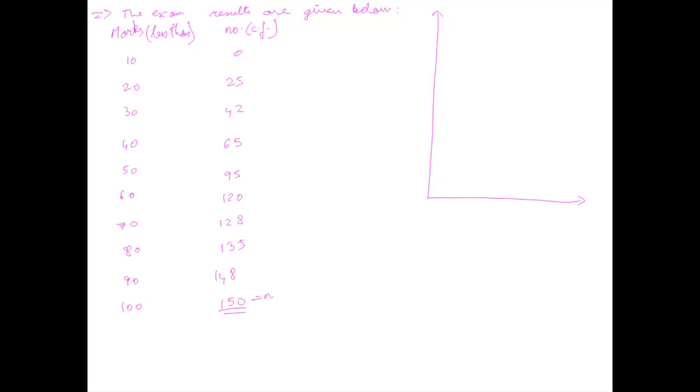I'm going to approximately draw an ogive for you children. That's 0, 10, 20, 30, 40, 50, 60, 70, 80, 90 and 100 lastly. Now children, over here we need to get till 150.